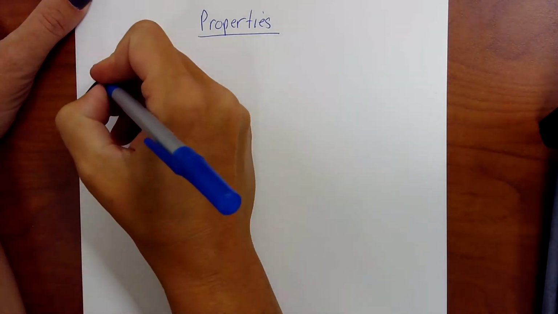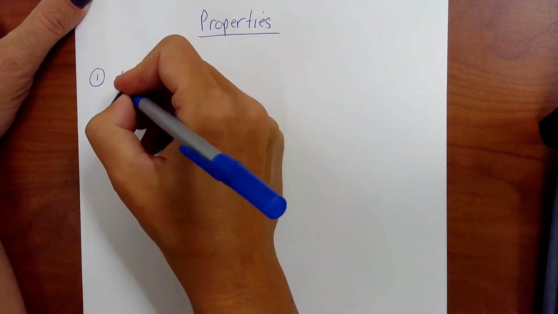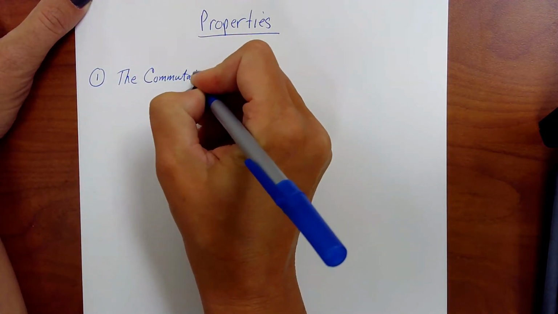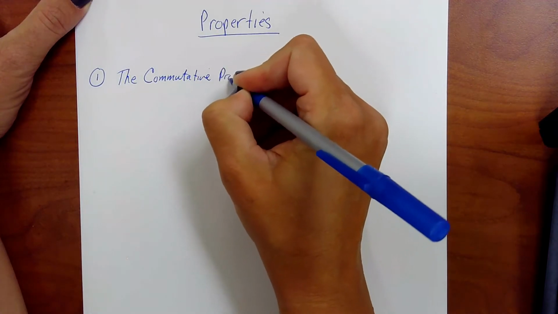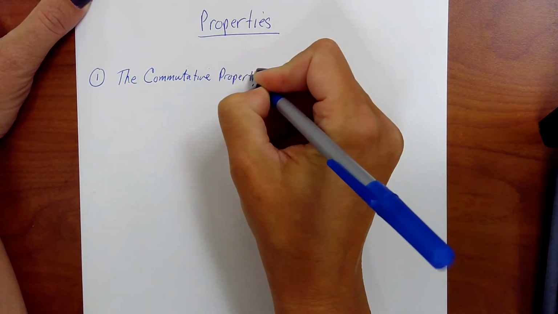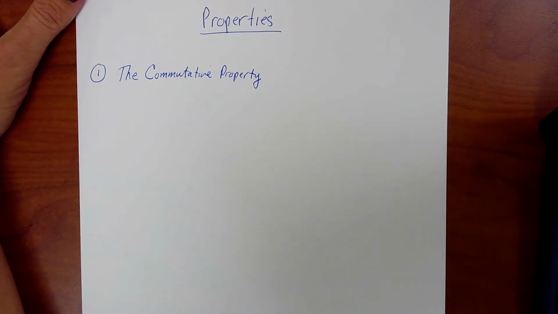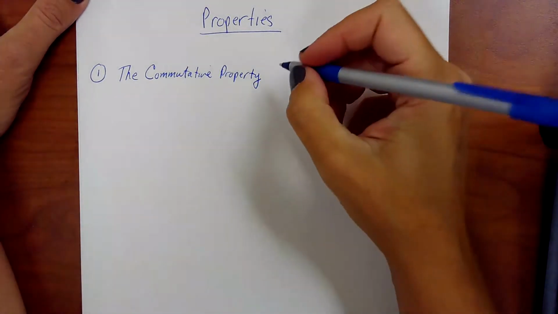All right, so the first one is the commutative property. And I think of it as the word commute. So your commute from school to home is the same as your commute from home to school. So back and forth, it's still called your commute.